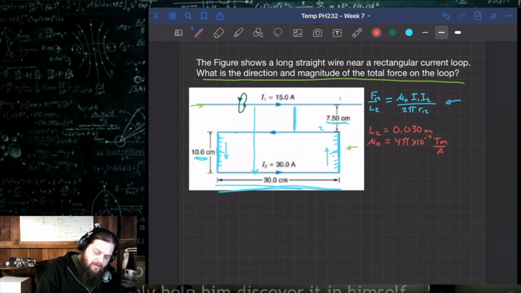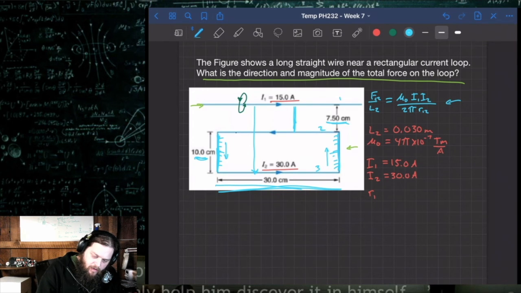The current I1 is going to equal 15 amps. It's listed there. The current I2 is going to be equal to 30 amps, listed here. You can say R1, 2, I guess this is 2, so this is 3.